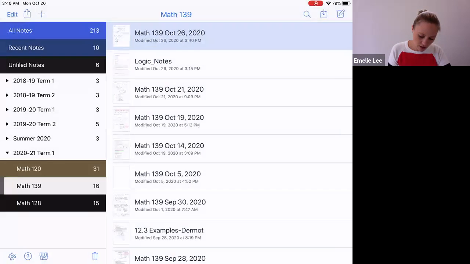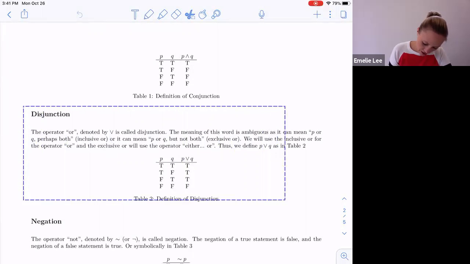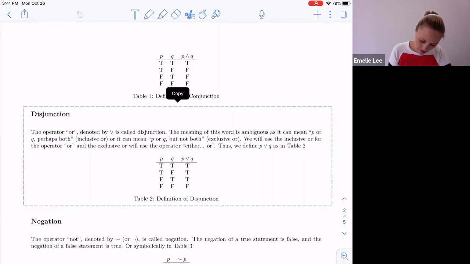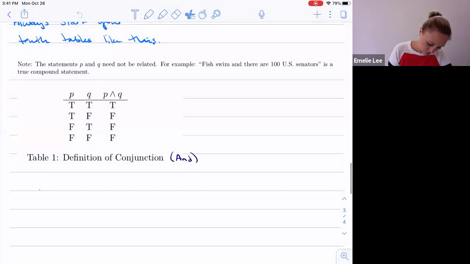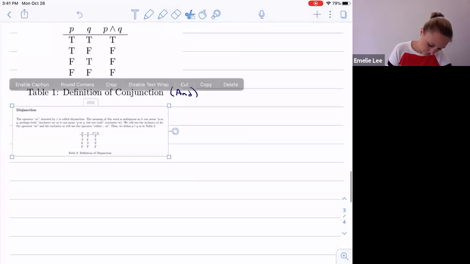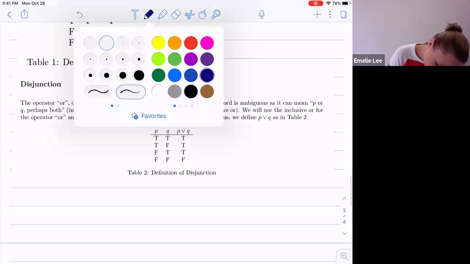We can move on to the disjunction. The disjunction I've just kind of defined quickly here. The operator or is denoted by a V, same or very similar to the U in set operations.